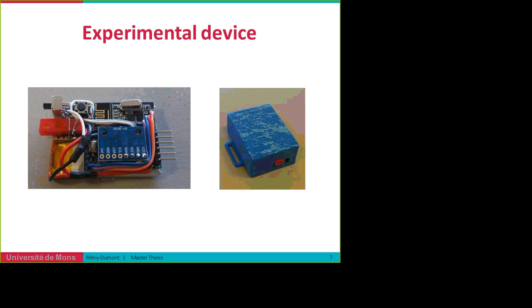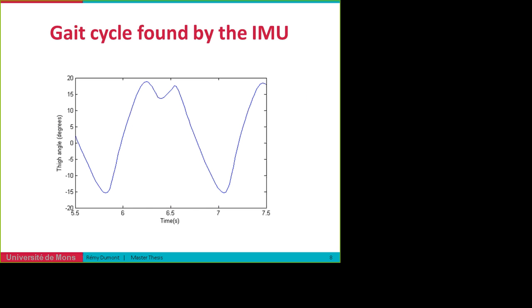These IMUs feature a 9-axis sensor composed of a 3-axis accelerometer, gyroscope and magnetometer, a microcontroller board, and an RF transmitter. By integrating the gyroscopic data, we can obtain the thigh angle. The thigh angle shape that we found is the following.